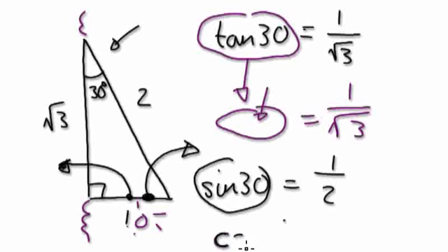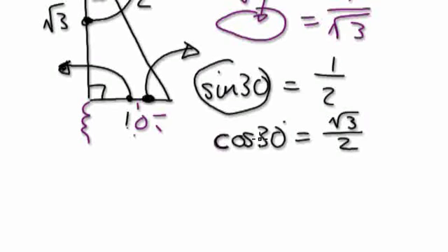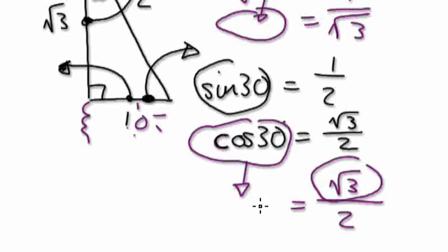Cos 30 would be root 3 over 2. If you don't believe me, punch cos 30 into your calculator, and that should be the same as the square root of 3, whatever that answer is, divided by 2. Try it on your calculator if you don't believe me.